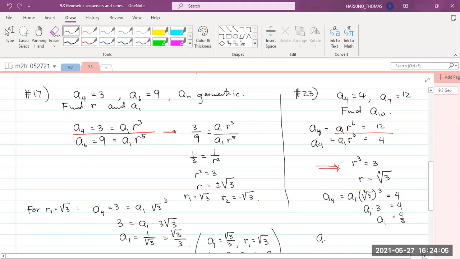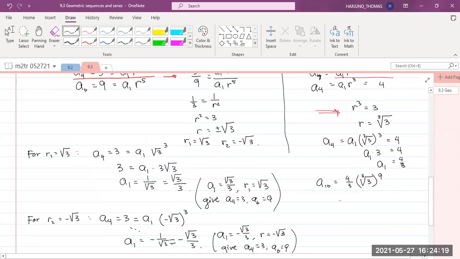So the 10th term will be the first term times the ratio to the power of 9. That's 3 cubed, 3 squared, that's 9. So that's 36.